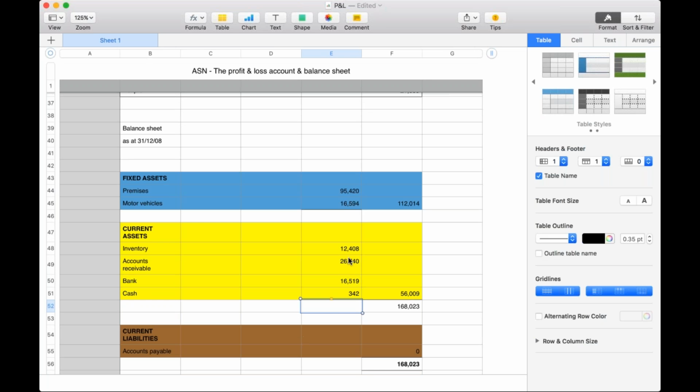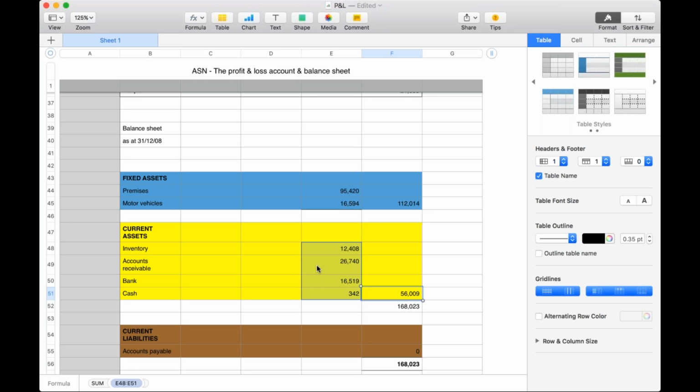So far we've got the fixed assets in blue. So these are the long life assets that the business owns, which is premises and motor vehicles, which gives us that figure there. And then we've got the current assets, which the business also owns, but they're far shorter life than fixed assets, so they are classed as current assets. So we've got stock, we've got accounts receivable or debtors, we've got money in the bank account, and we've got cash.